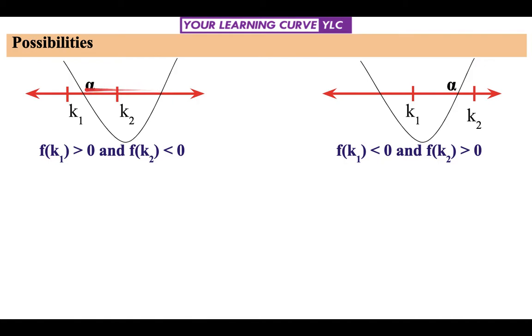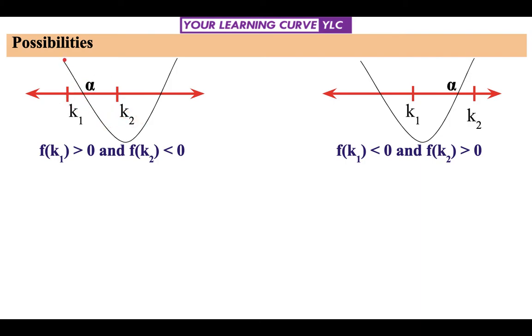Suppose the parabola is shifted and the root lies here, and now K1 is in between the parabola. In this case also, we are considering the various possibilities of the parabola for one root lying between K1 and K2.